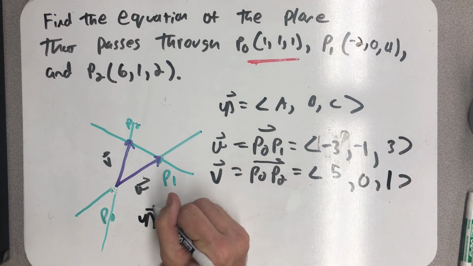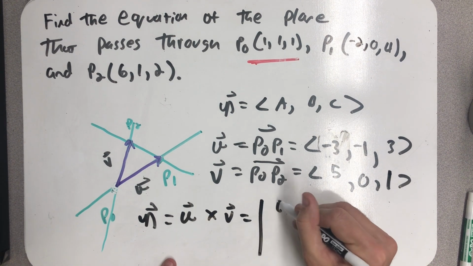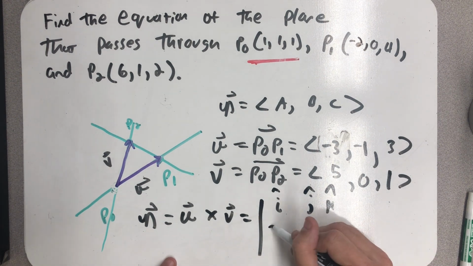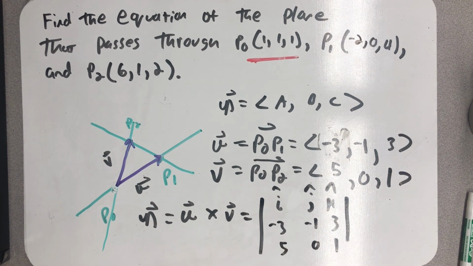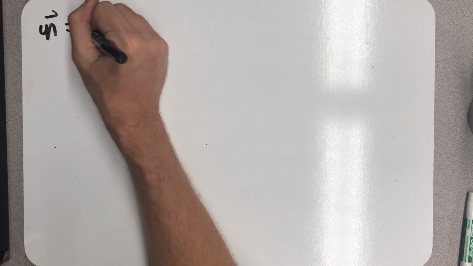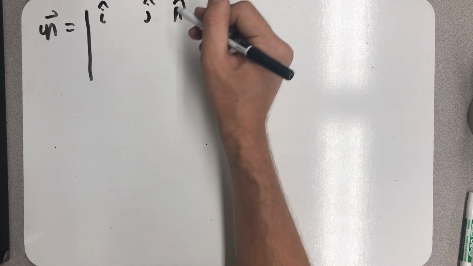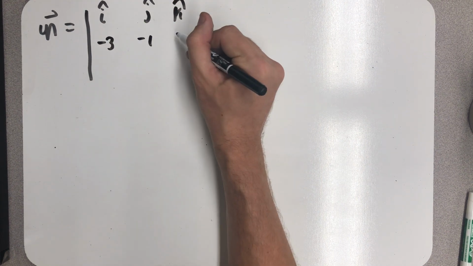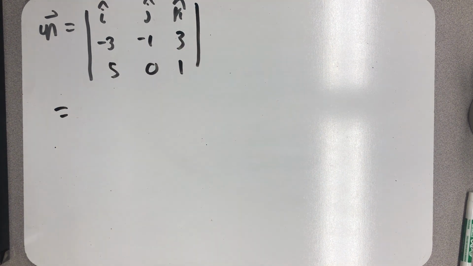So my vector n should be u cross v. So I need to evaluate this cross product.